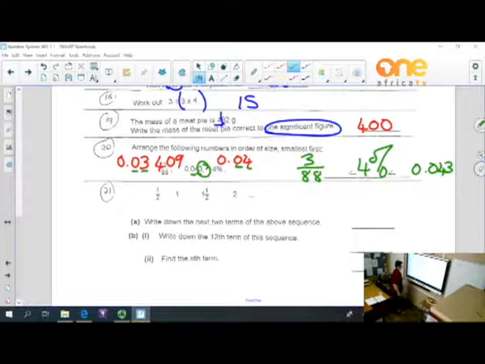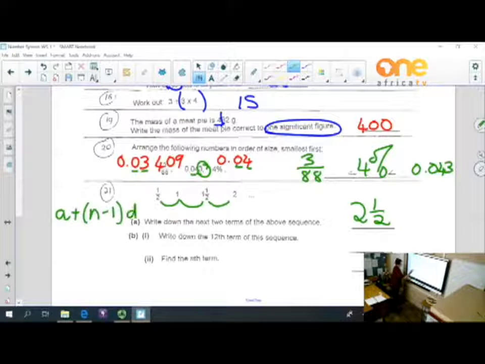Write the next two terms of the sequence. Again, you must find the pattern now. What is the common difference? What do I keep on adding? A half, isn't it? So it is 2 and a half. And then write down the 12th term of this sequence. So I will just keep on adding, or I can make use of my formula, A plus (n minus 1)D.